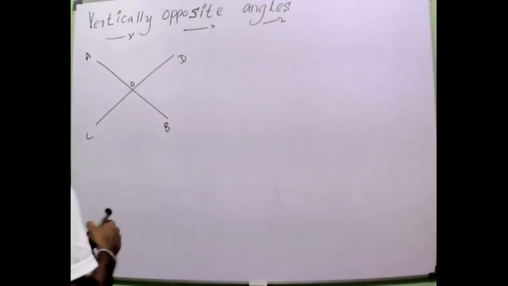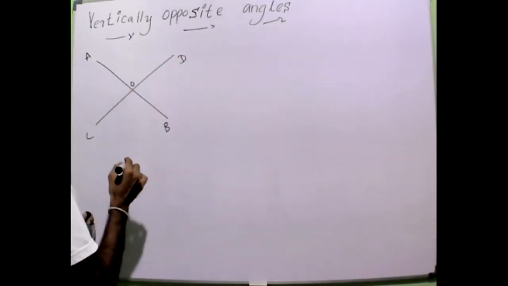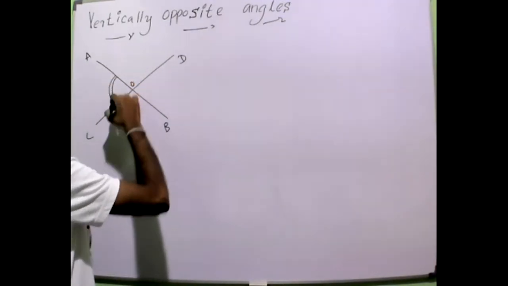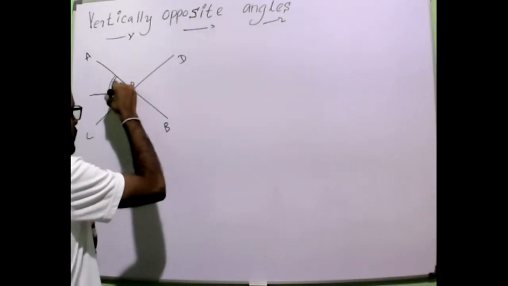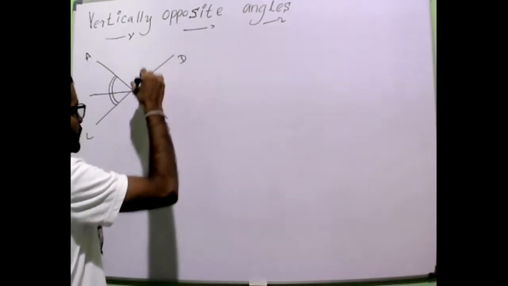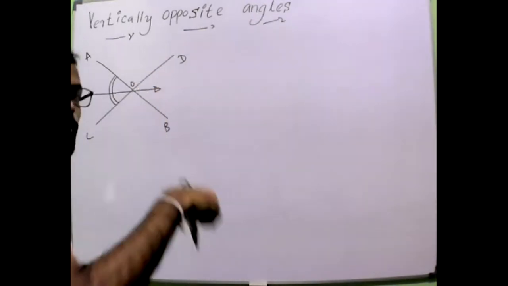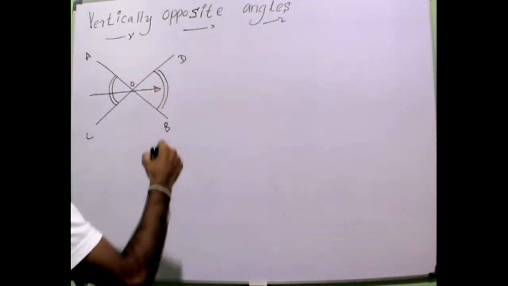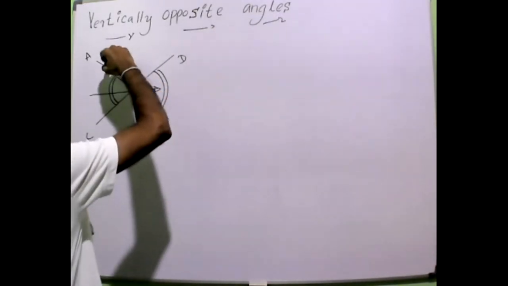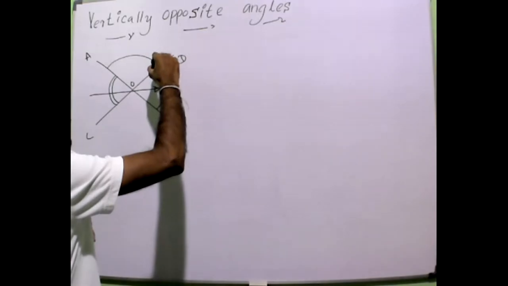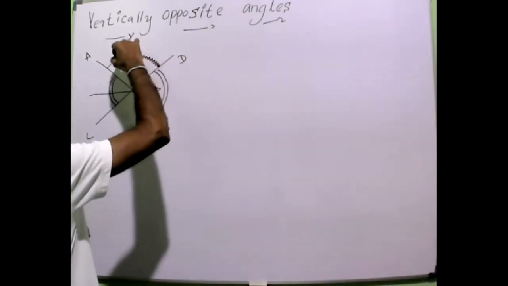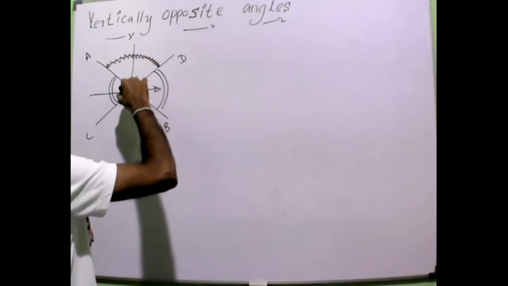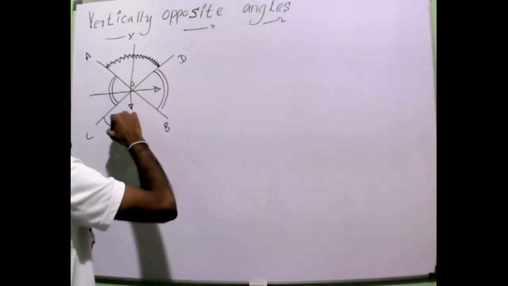So what that means is, what is the opposite angle for this angle? You have to go this side in order to find the opposite angle. This one. Then what is the opposite angle for this one? I have to go the opposite way, that means this one.